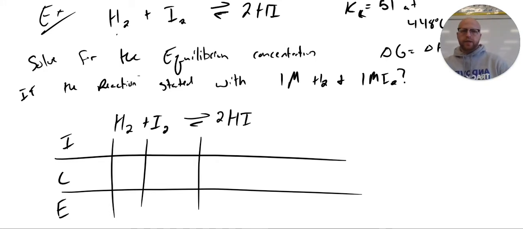And just so you remember what our ICE charts stand for, the I is initial, the C is change, and the E is equilibrium.